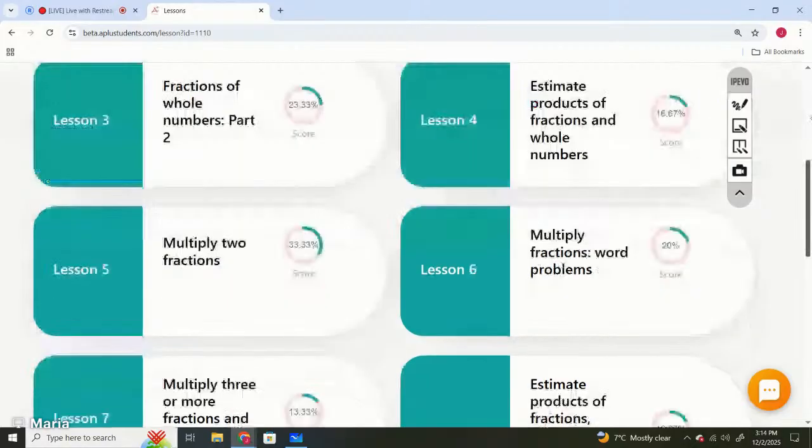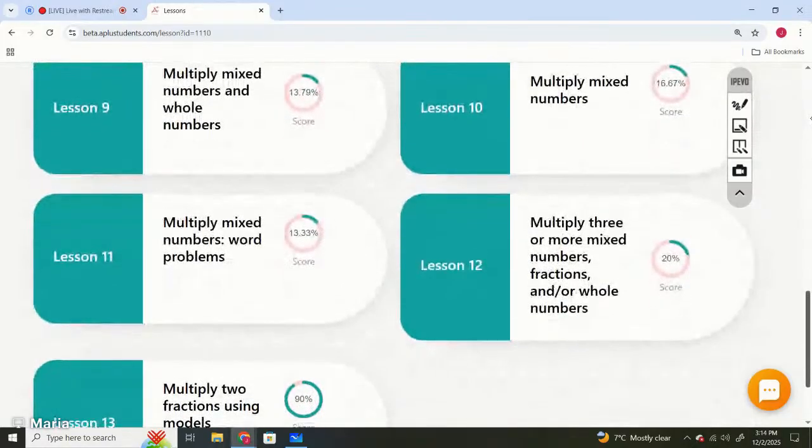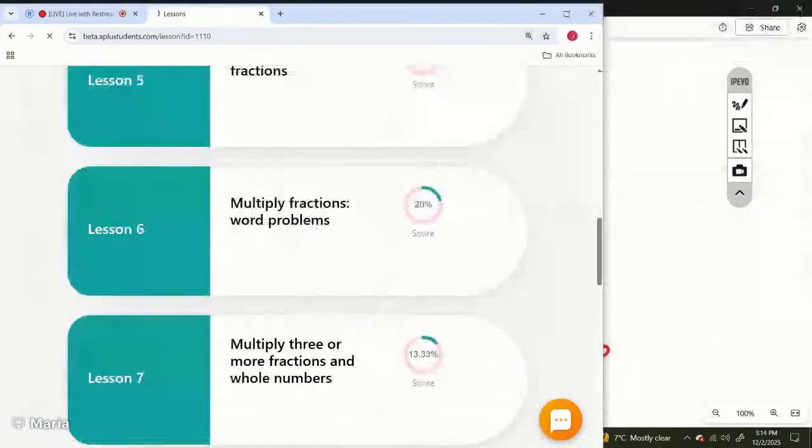The next lesson is multiply mixed numbers. Let's just start with the lesson.